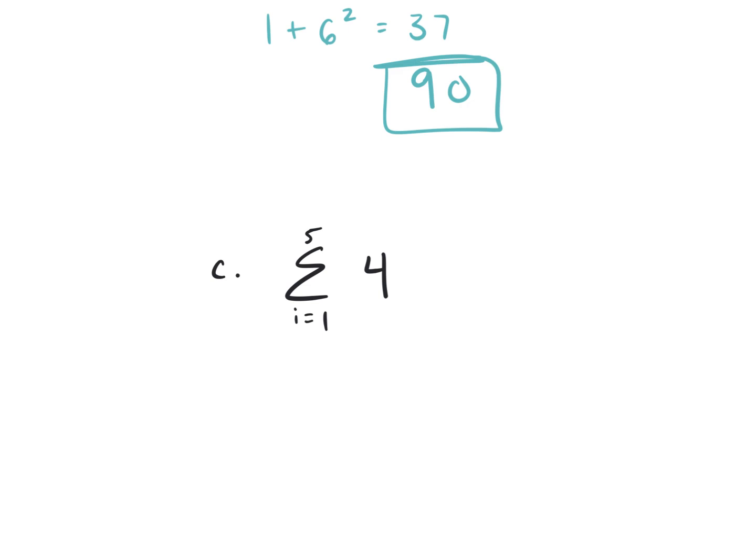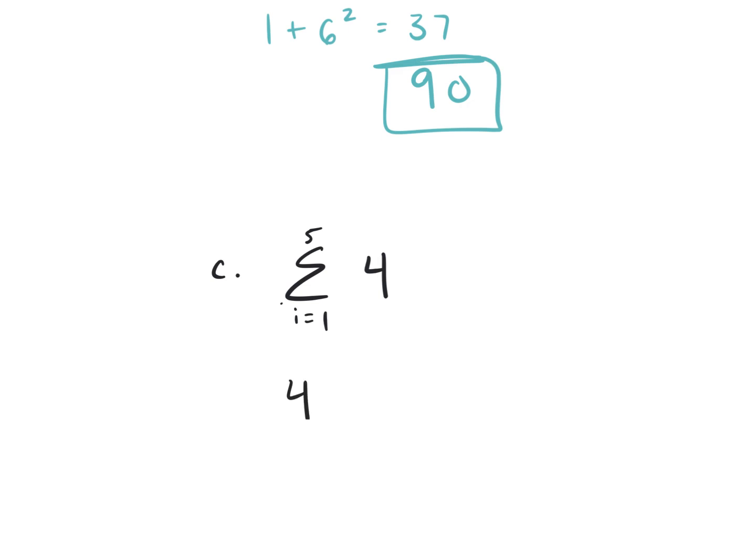So in the last one, we would start with our lower limit. We'd start with 1 and plug that in. What am I plugging that into here? Do I have an I in my equation here to plug it in? No. So hypothetically, if we were plugging in 1, what would we get? We'd just get 4.